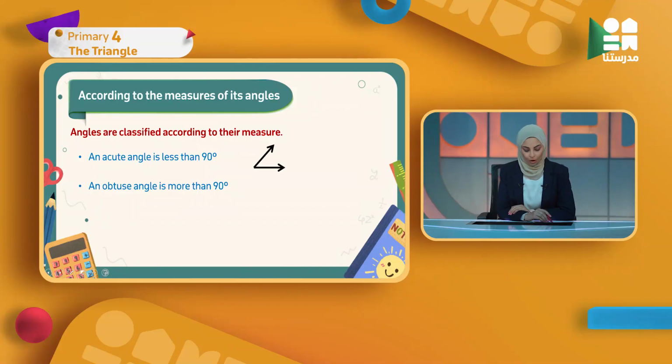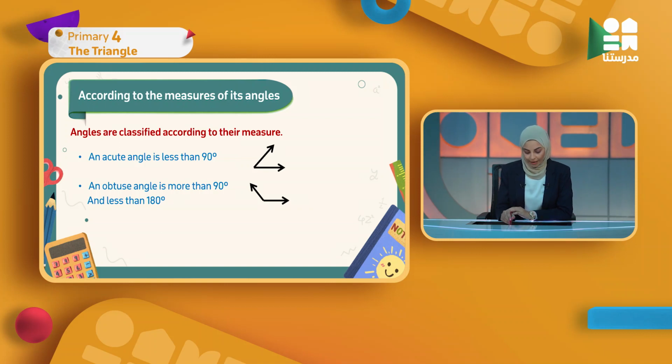Okay. What is the second type of the angle? An obtuse angle, which is more than 90. Again, an obtuse angle is more than 90, but it must be less than 180.